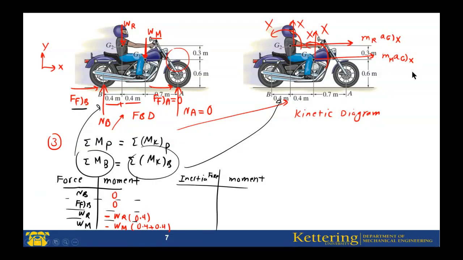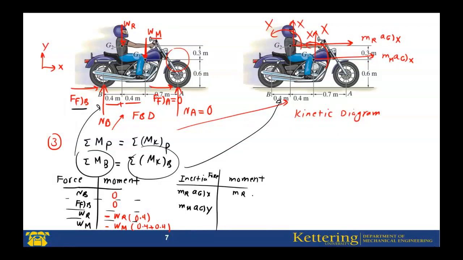Now, I have these two, M of the rider AGX, M of the motorcycle AGY. Their moments are easy. I just need to find this distance for the M rider AGX and this distance for the M motorcycle AGX.